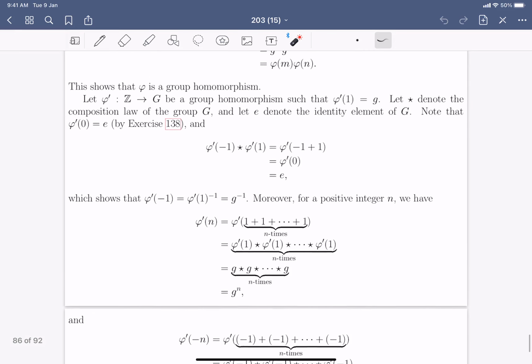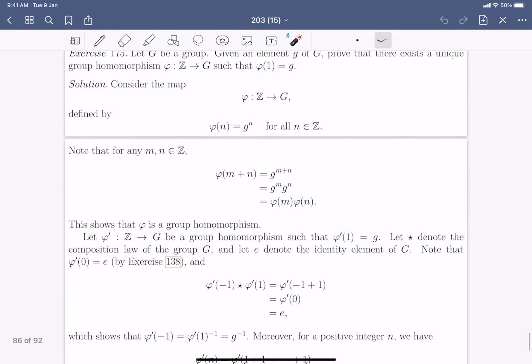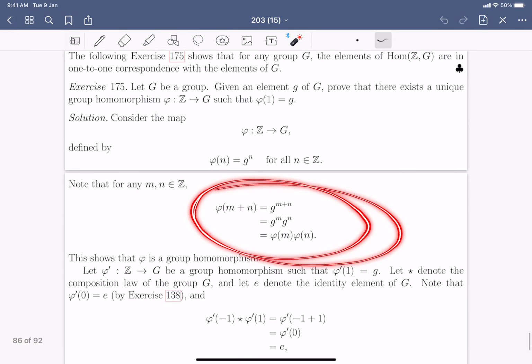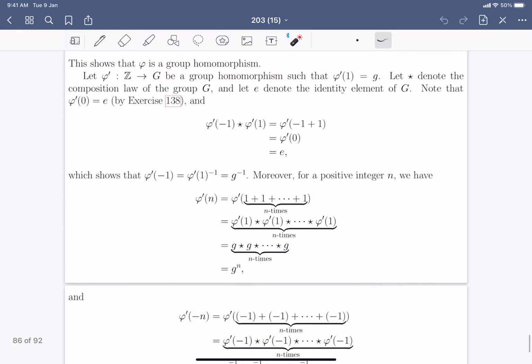Okay, and this argument again repeats something that you already knew, which is just about unwinding the definition or the key property of a group homomorphism.